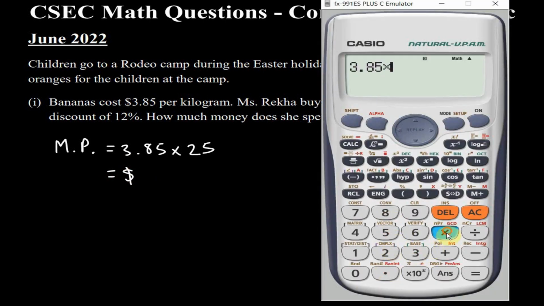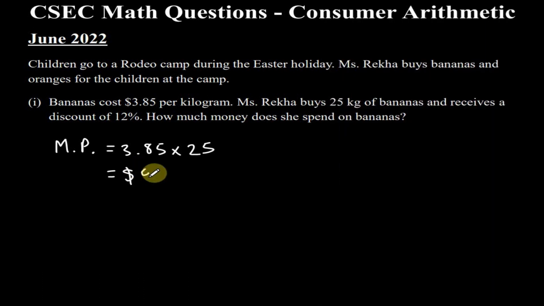So it's 3.85 times 25, which is $96.25. And this would have been the cost for the 25 kilograms of bananas before the discount. So let's see the discounted price. So I'll call it D.P, and we're finding the discounted price.